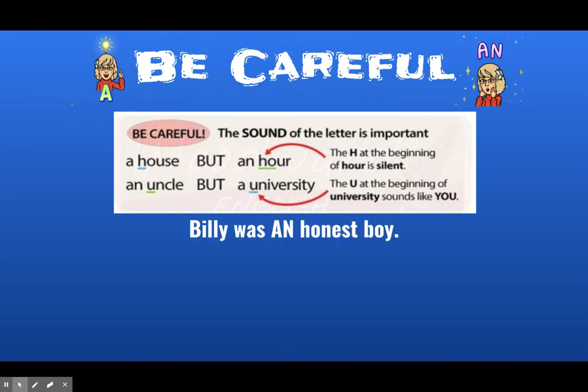Now watch this. Billy was an honest boy because the H is silent. Hear that? Honest boy. We used to live in a house. Do you hear the H? So therefore we use a.